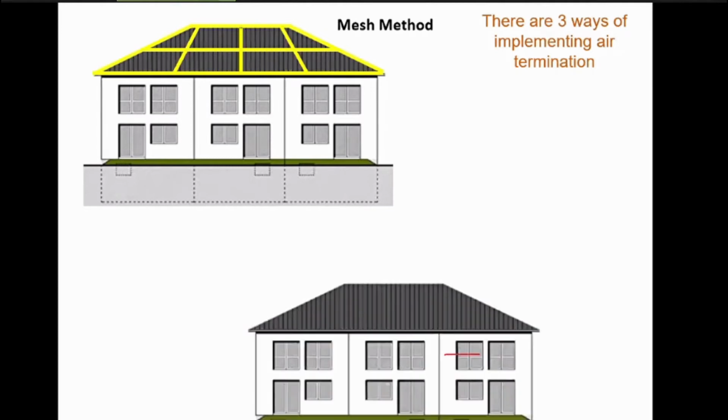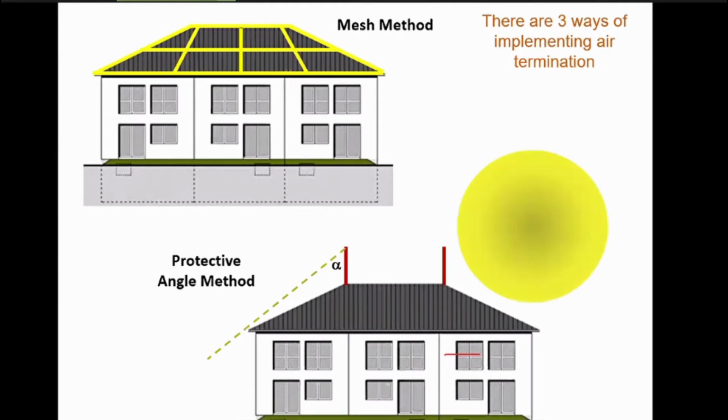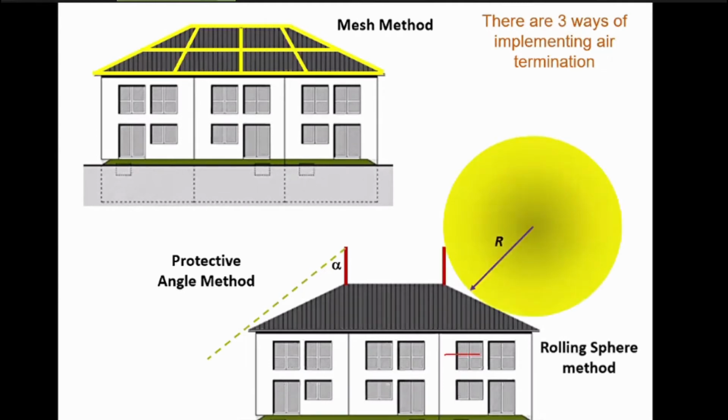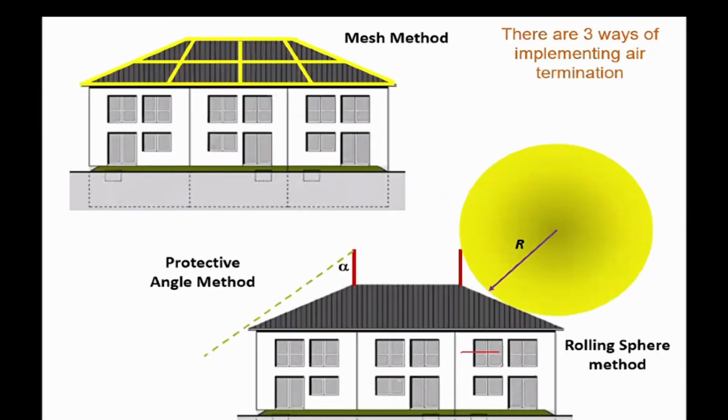Another one is called the protective angle method. That means we have a vertical air termination and there is a cone of coverage from that. And the third one is called the rolling sphere method, where an imaginary sphere is rolled around the building, and wherever the sphere touches, we need an air termination.